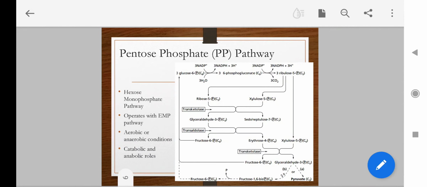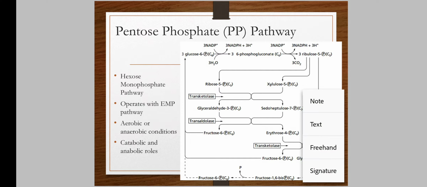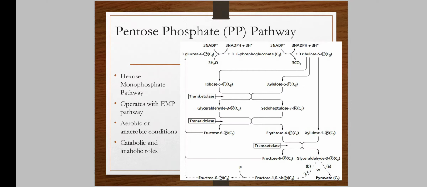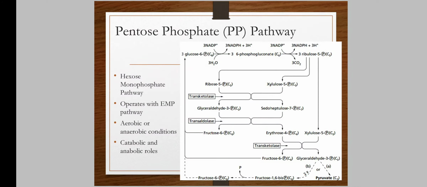The metabolites here, the intermediates in these pathways, for example ribulose, are used to synthesize other molecules for the cells. For example, we can shuttle ribulose phosphates to create nucleotides.